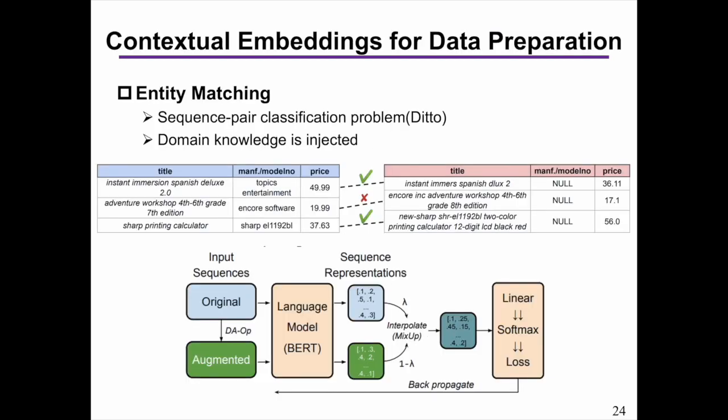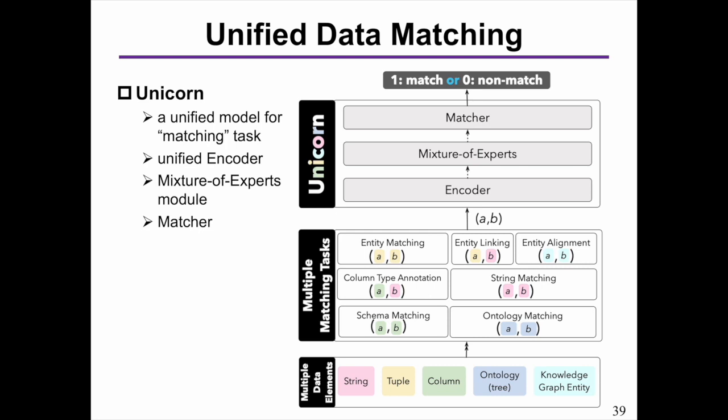For example, for entity matching, one of the contextual embedding methods is Ditto. Furthermore, recent studies have focused on how to leverage PLMs to build a unified architecture to support common data matching tasks like entity matching, entity linking, and entity alignment.